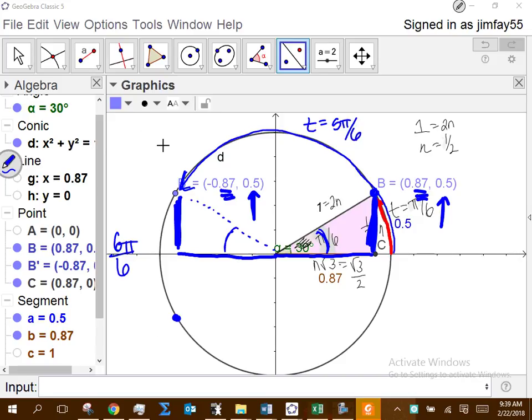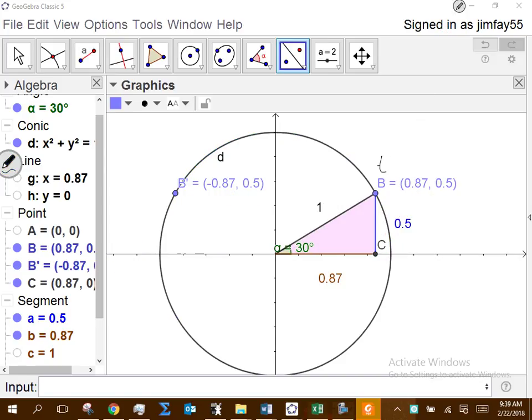Okay. So right now we're seeing, so let me clean some things up here. We're seeing that T being pi over 6 gives the ordered pair radical 3 over 2, 1/2. T being 5 pi over 6 provides the exact same ordered pair, except the x is negative, right? When I reflect down here, okay, so this would have been 6 pi over 6, right?